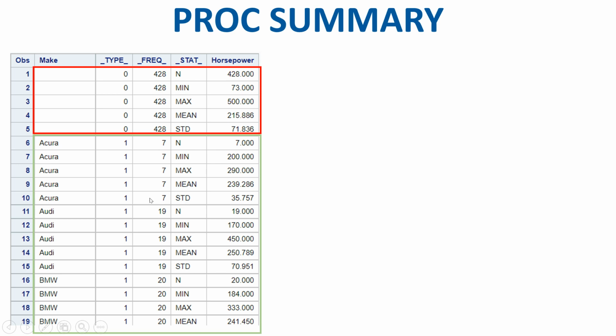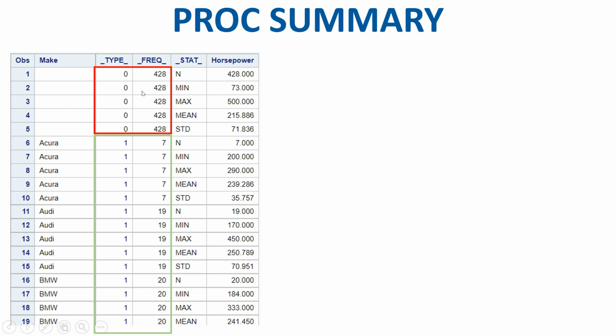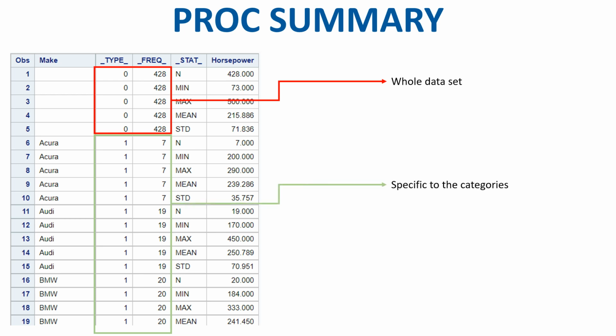So the difference between these two segments is based on type and frequency. This one is the whole data set, and this one is specific to categories. Like I said, 0 represents that these calculations are on the whole data set, and any value other than 0 in type simply represents a specific combination.